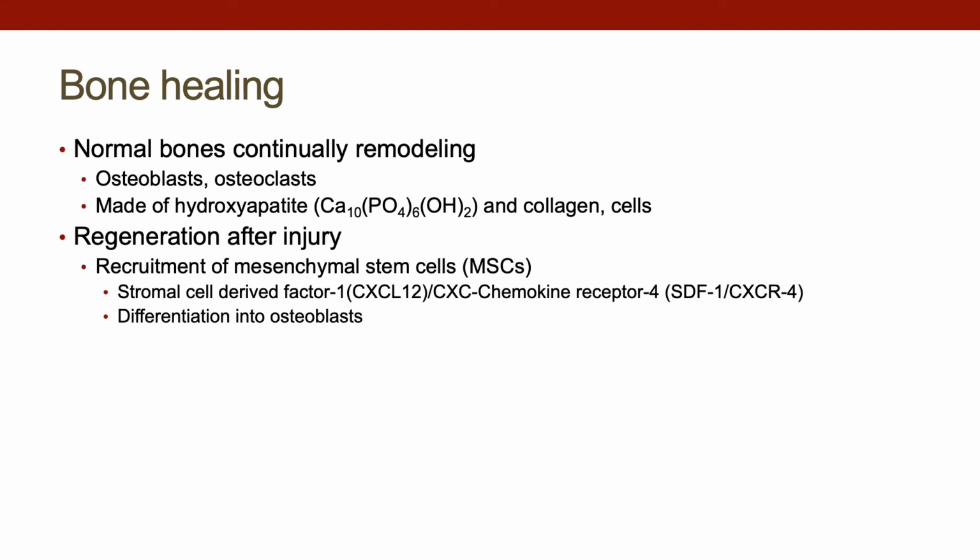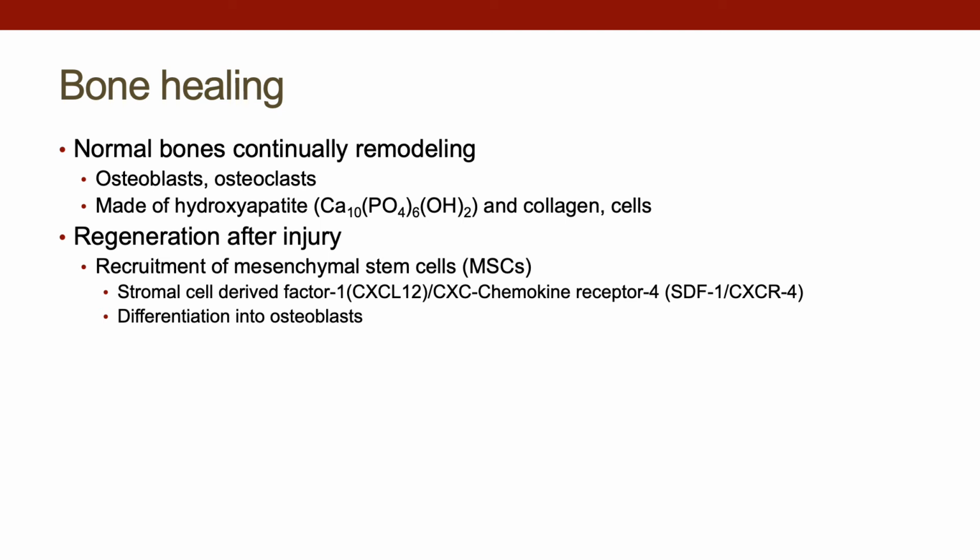After an injury, there's a recruitment of cells called mesenchymal stem cells, MSCs. They get recruited by a chemokine that's called stromal cell-derived factor 1, or CXCL12, and it binds to CXC chemokine receptor 4 on the mesenchymal stem cells and attracts them into the area of injured bone.